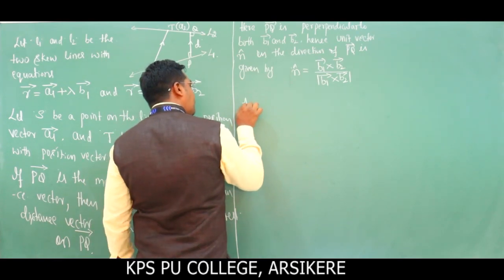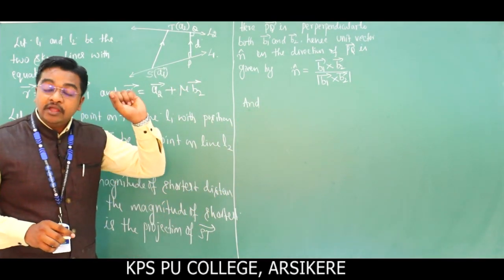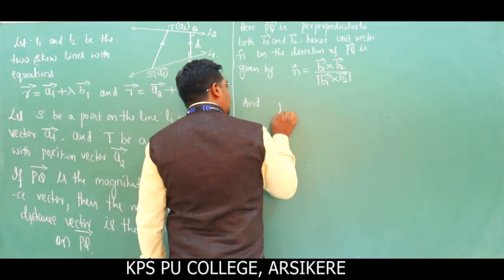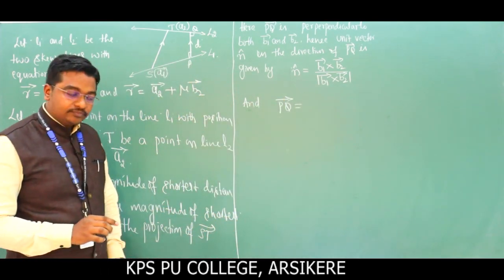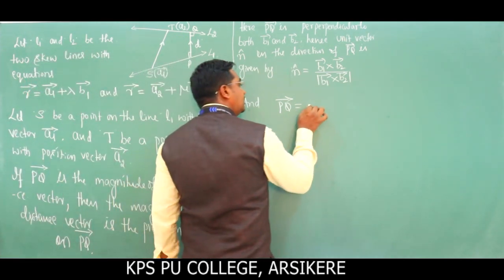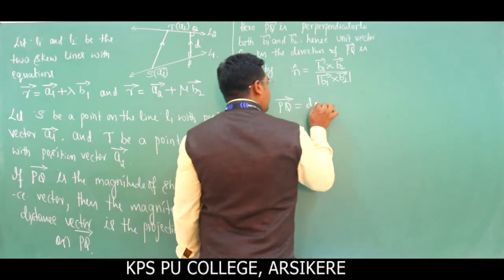Now tell me, what is a vector having both magnitude as well as direction? So vector PQ is equal to, just observe here. What does D represent? The magnitude, right? Then what is the direction? Very good, that is n cap.